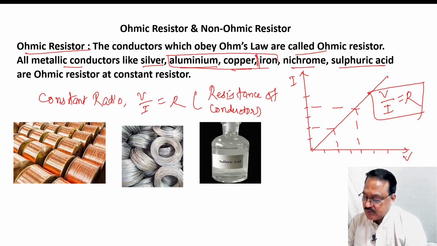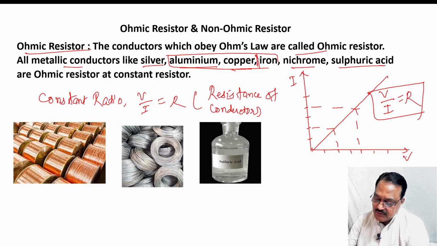It is easily available also. The energy losses due to heat is very low in this case, and most importantly, compared to other conductors, its cost is less. This is the reason aluminum and copper are mostly used in the electrical circuits.